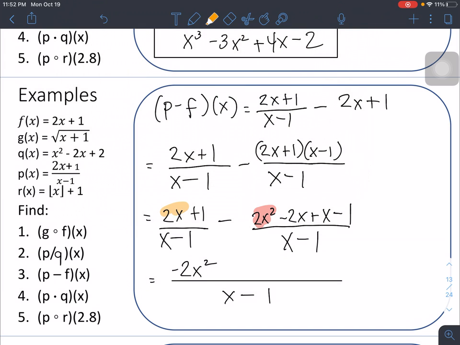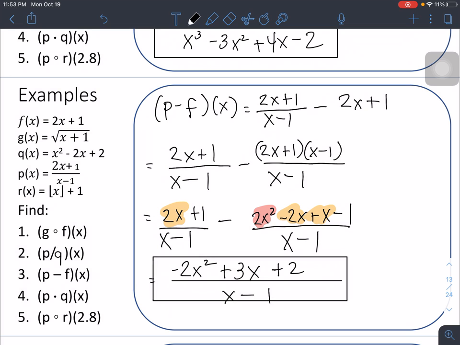So we have 2x minus negative 2x will be 4x, minus x will be 3x. So that will be 3x, followed by 1 minus negative 1, which will be 2. So this is our final answer.